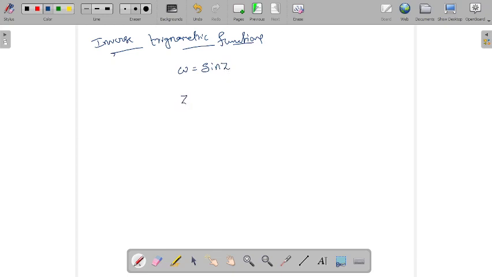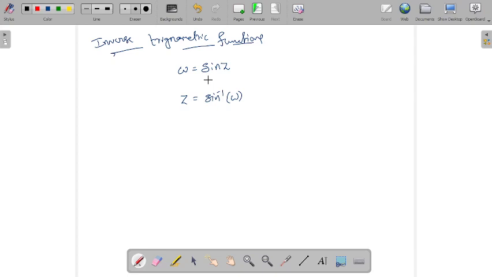That is, you would like to write it as sine inverse of w. But remember one thing, if you want to invert a function, that should be 1-1 and onto. So when you take directly sin z, it's not going to be 1-1. Why? Because sin z is actually many to 1, like many elements will be mapped to 1.